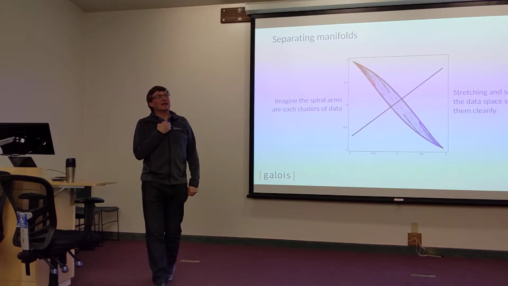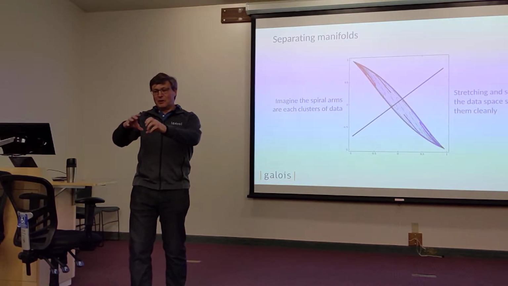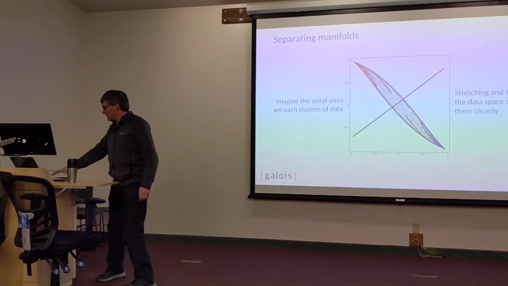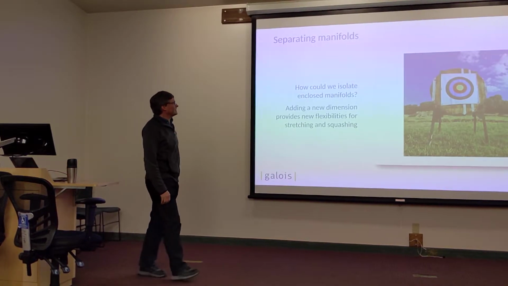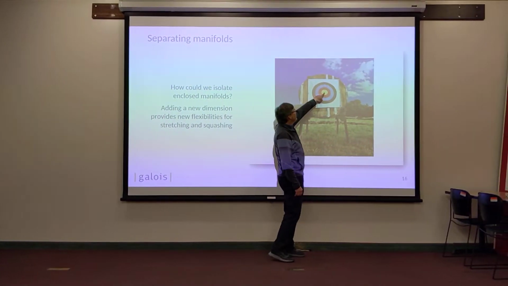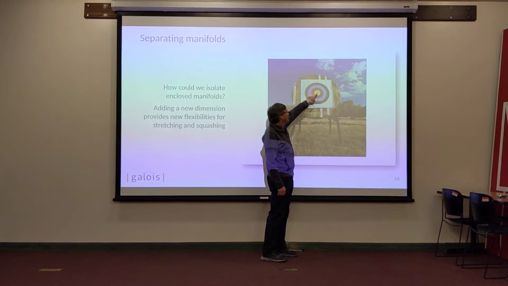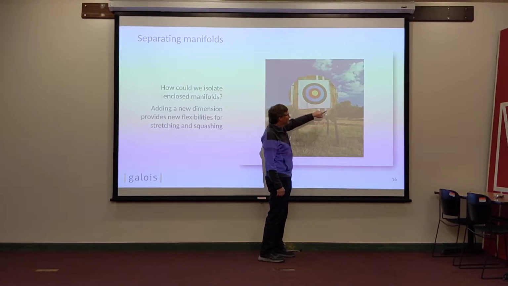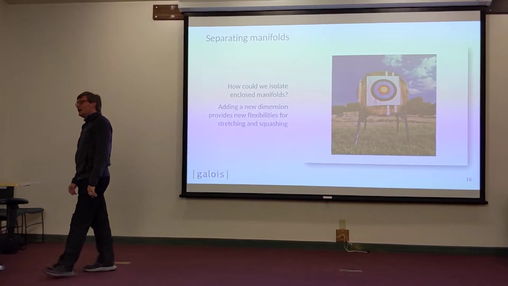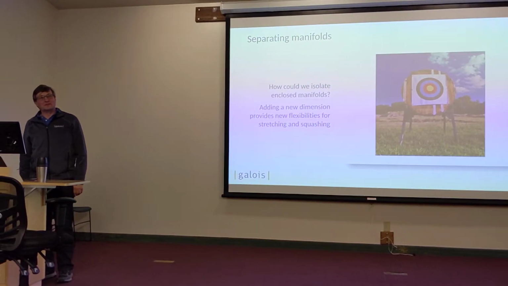But you might say, hey, I can see that, but what if I've got something in the middle that is completely surrounded by something else? Like this, for example. No amount of stretching and squashing of this will move this bullseye outside of the rest of the picture. Well, if you limit yourself to 2 dimensions, that's true.